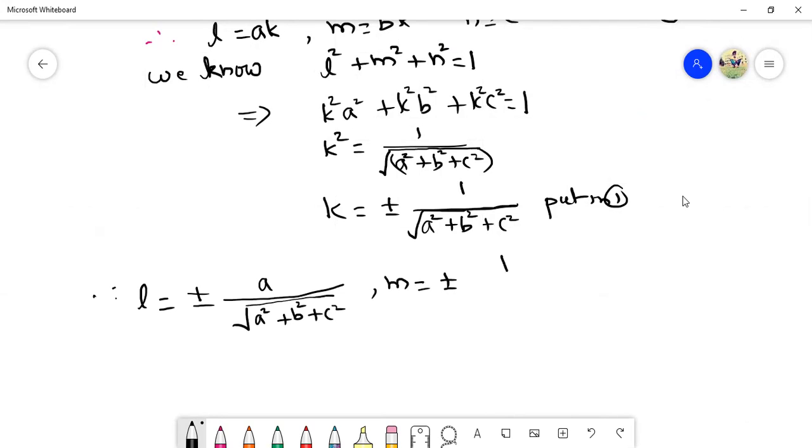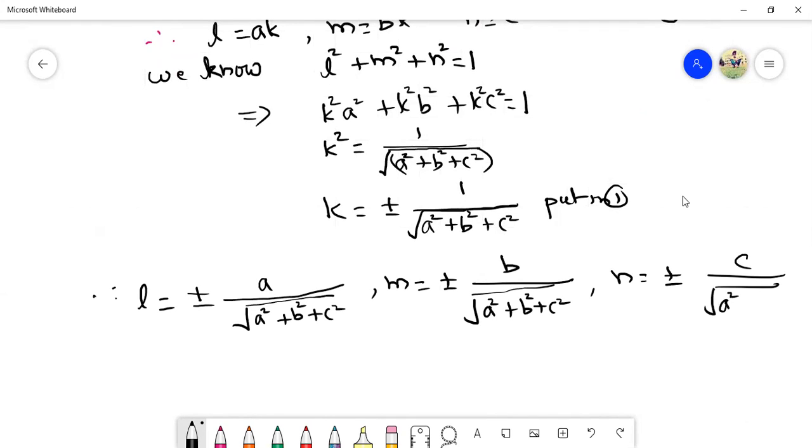M is equal to plus minus B upon under root A square plus B square plus C square, and N will be equal to plus minus C upon under root A square plus B square plus C square.